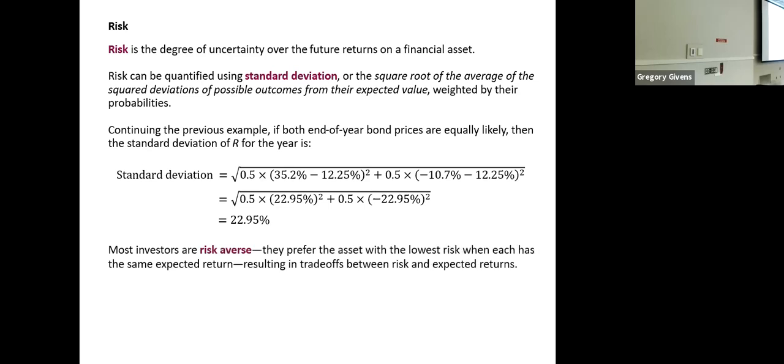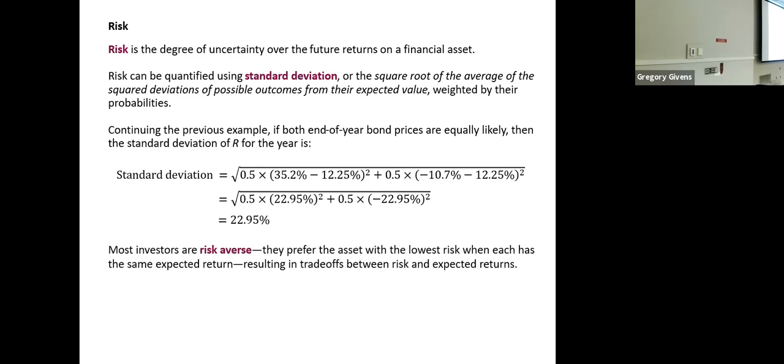Why? Because most investors are indeed risk averse. Do you guys remember what risk aversion means? You may have studied this in your intermediate micro or perhaps even your intermediate macro class. A risk averse individual is one that would prefer an asset with the lowest risk, given that it has the same expected return on all other assets, right?